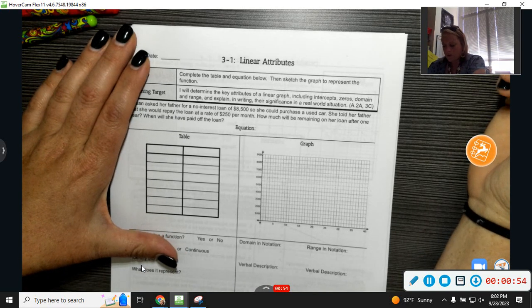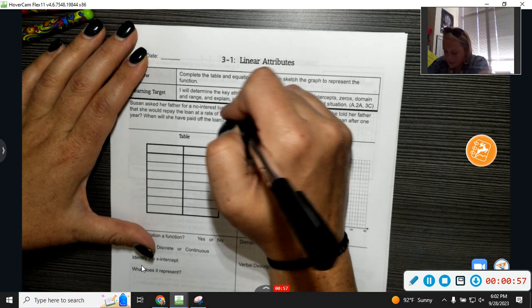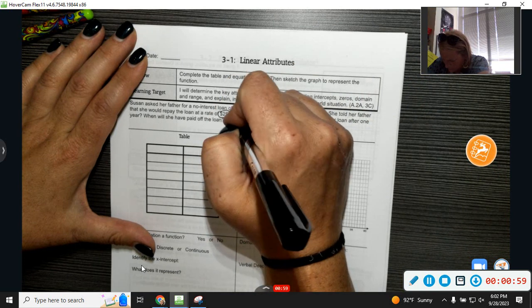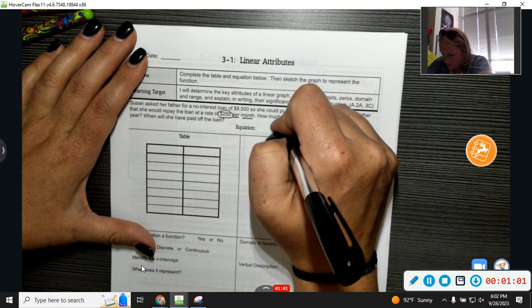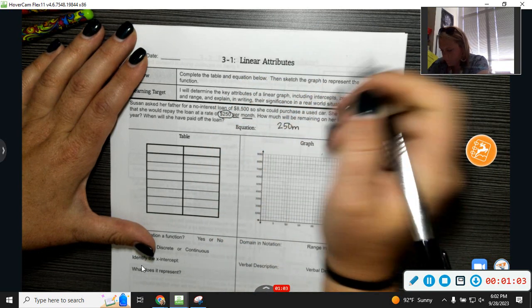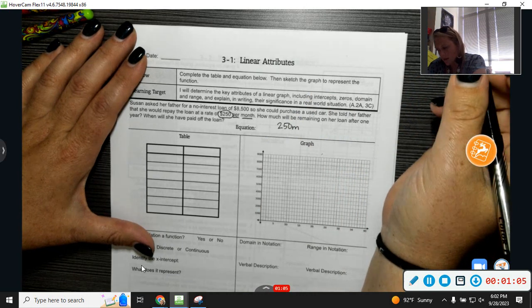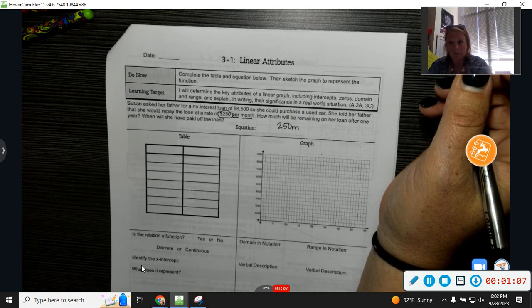Okay, so right here it says $250 per month. That means we're going to do 250M, and that's what's going to get repaid.